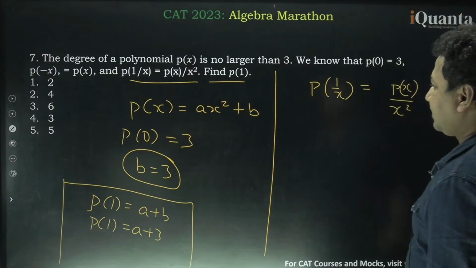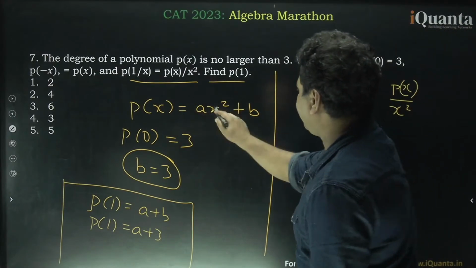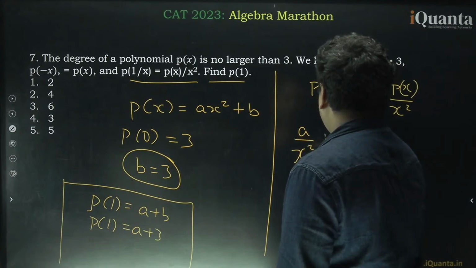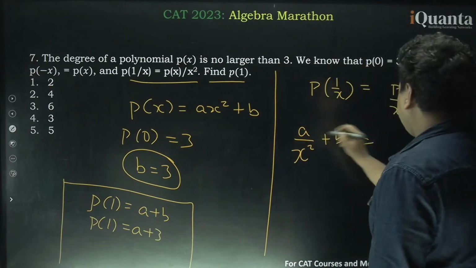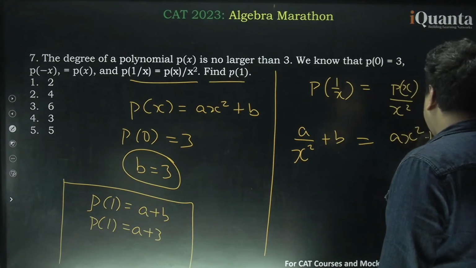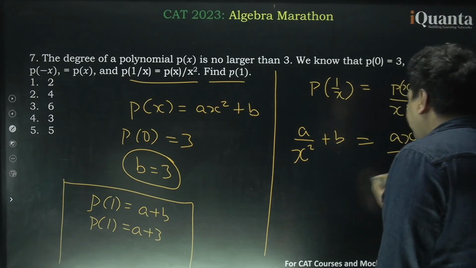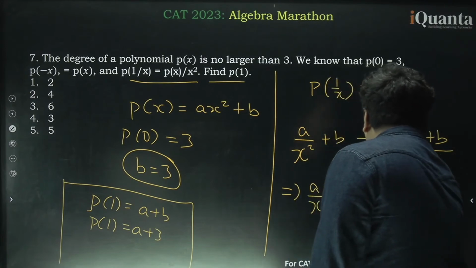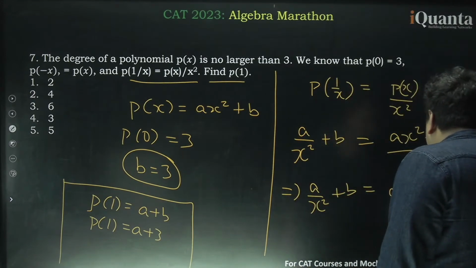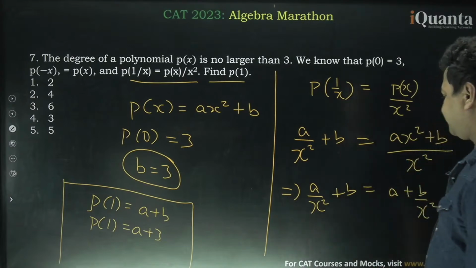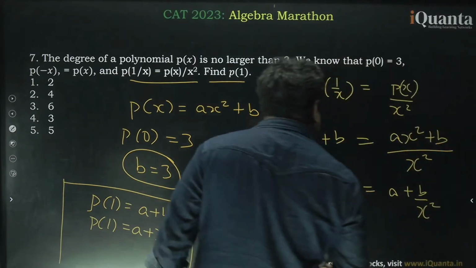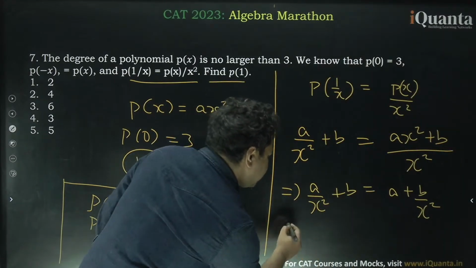Let's do this here. P of 1 by x. So if I put 1 by x in place of x, I will be getting A upon x square plus B is equal to ax square plus b whole upon x square, right? Which means a upon x square plus b is equal to a plus b by x square. Cool enough? Let's take the like terms at one position.